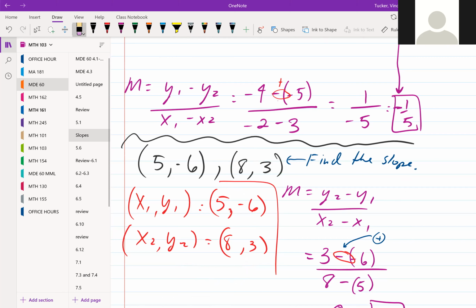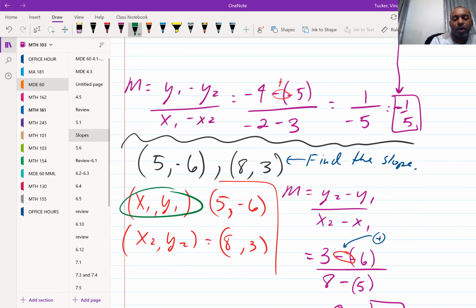Each pairing is one Y pair and one X pair. It's always X and Y. So if that's your point one, it's x1, y1. Those two always go together.